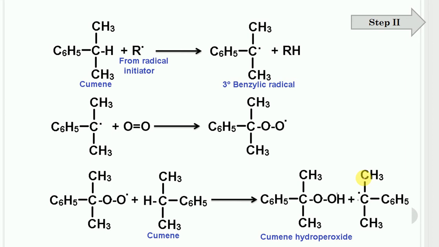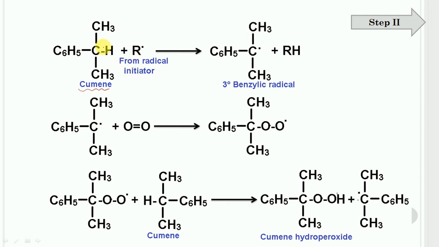Then the second reaction involves the conversion of cumene into cumene hydroperoxide. It is an auto-oxidation reaction which is carried out in the presence of a radical initiator. So let us consider this step. Cumene is attacked by the free radical from the radical initiator.